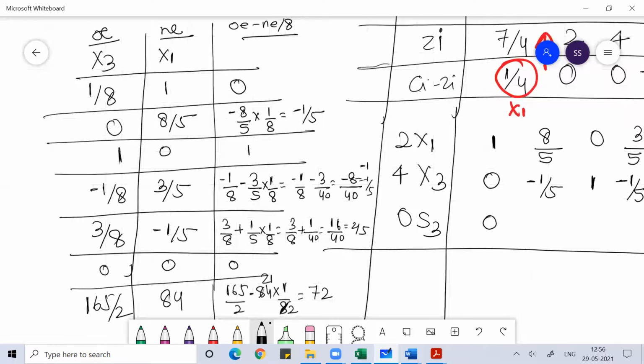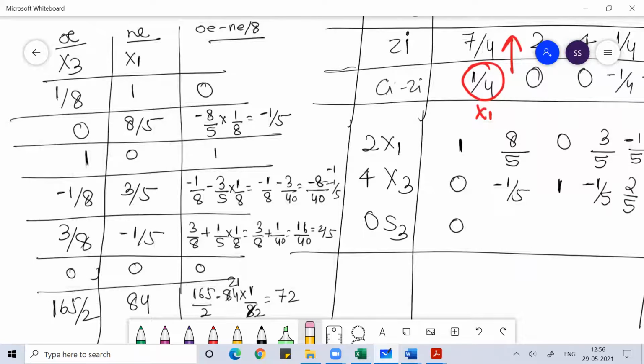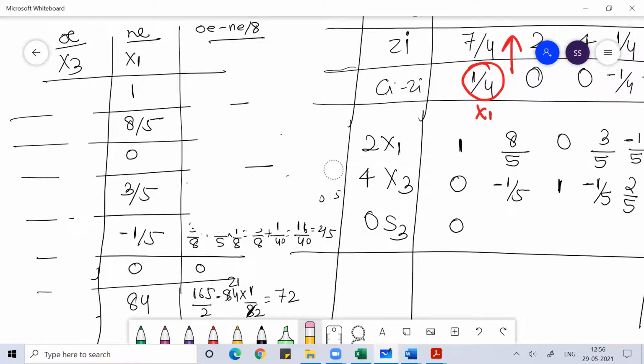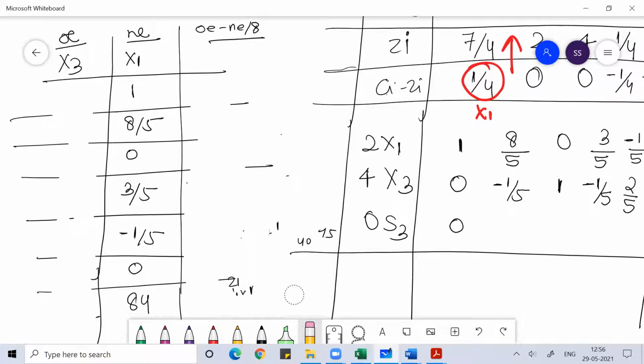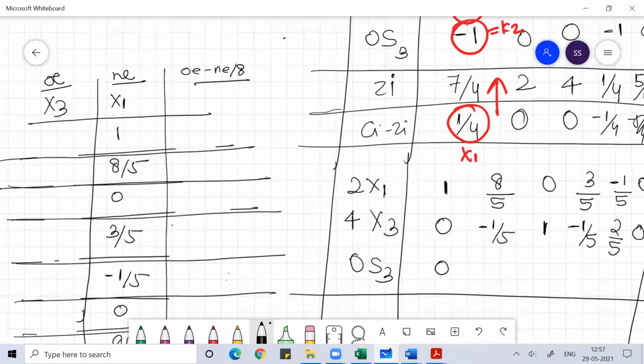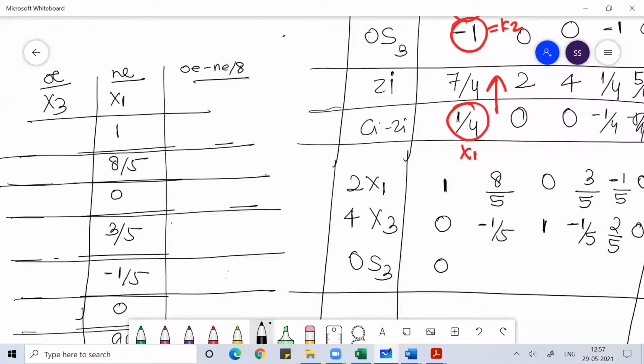Now I will find the S3 value. Now we did X3, right? Now we'll do S3, the new element.